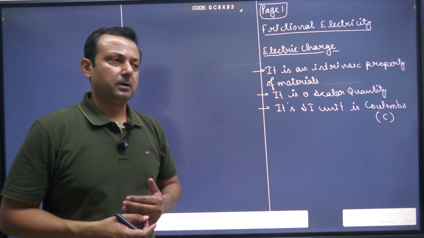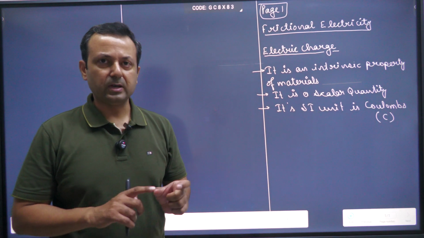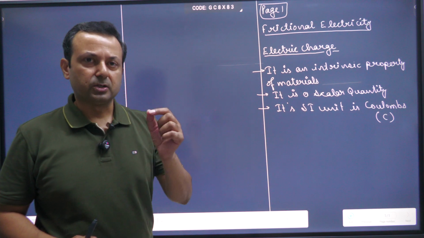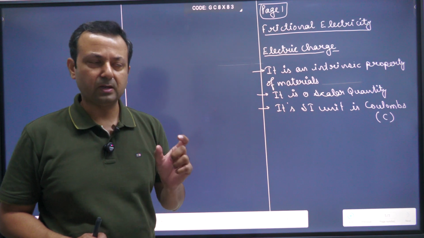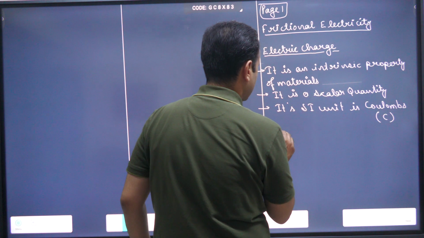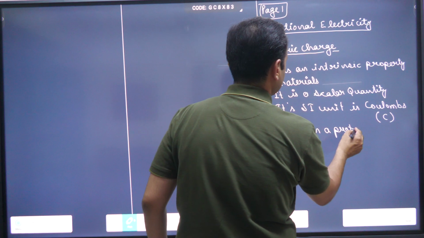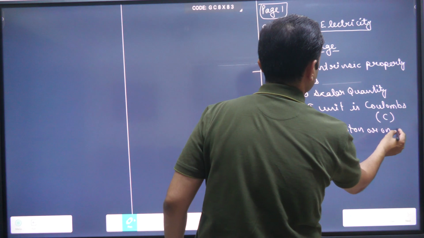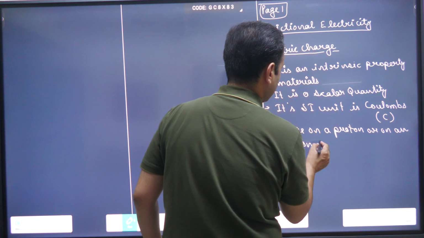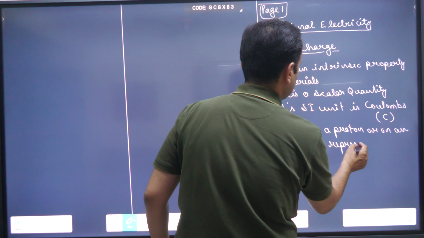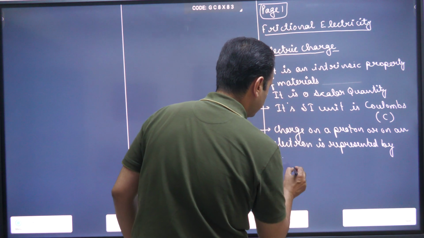For example, we have protons. Protons are positively charged. We have electrons. Electrons are negatively charged. Proton as well as electron have equal charge, and the charge on a proton or on an electron is represented by small e.